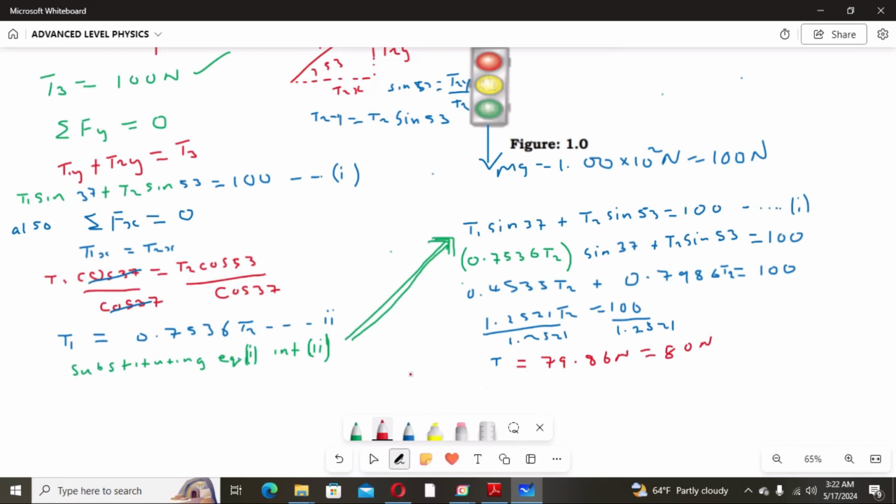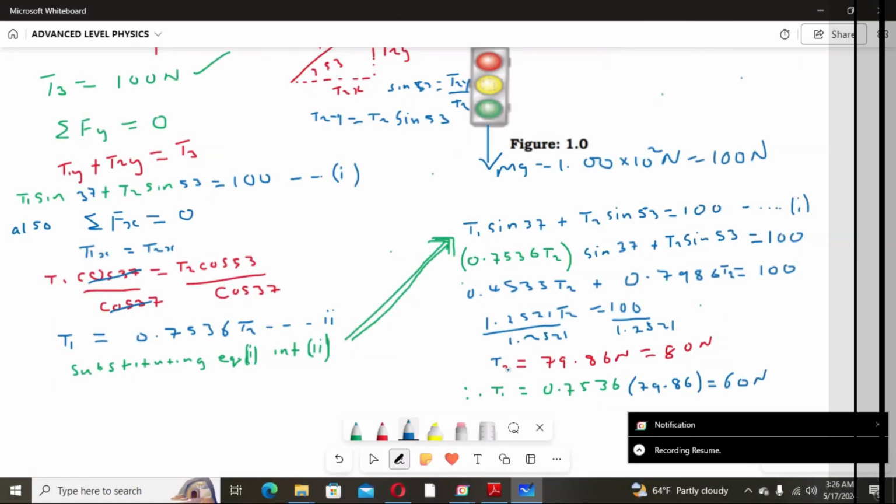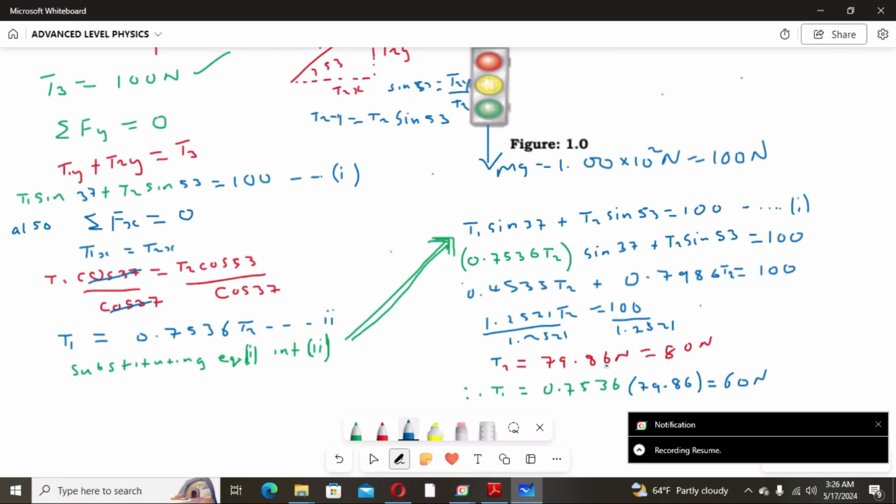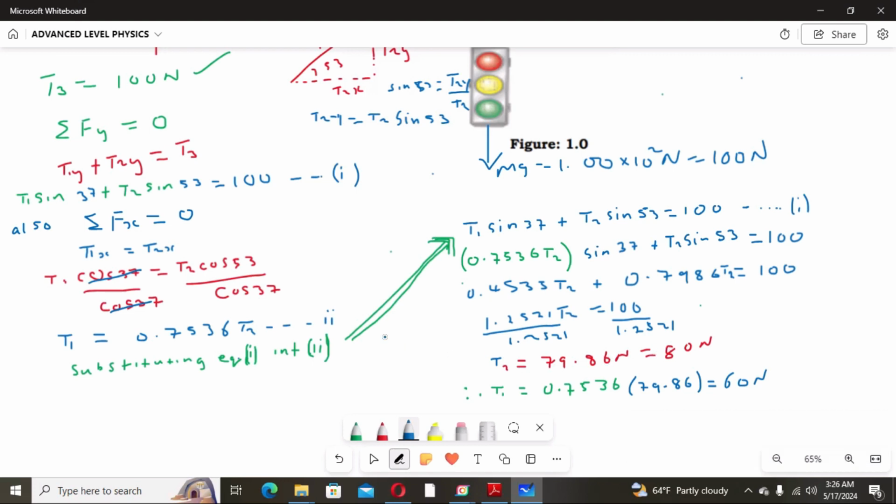Now you can substitute the value for T2 back into equation 2 so that you can also get T1. So this is our equation 2. Where there is T2 here, we have to put this 80 or 79.86 so that we can get the value for T1.